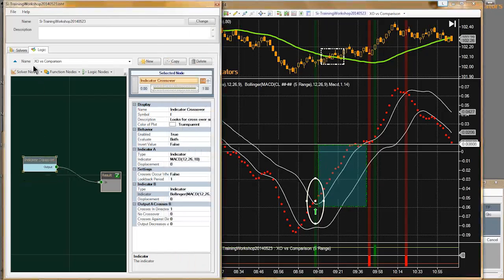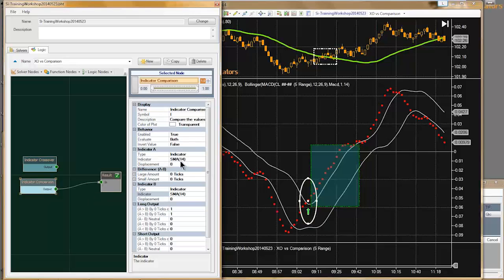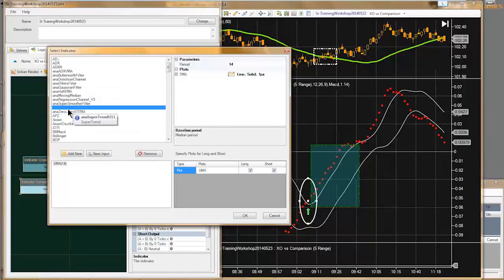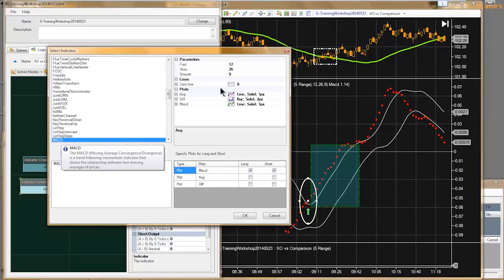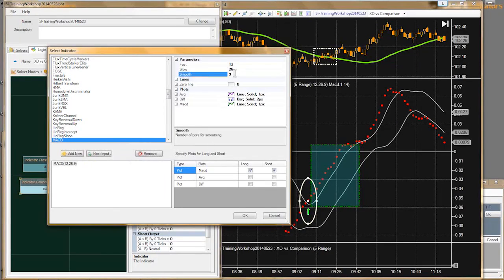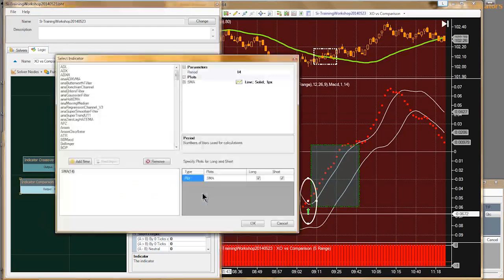So next, we'll put the comparison solver in here, and we'll do the same thing. So we'll set indicator A to our MACD, and we're just using the default settings now, which makes it a little simpler. And then indicator B will be our upper Bollinger Band.